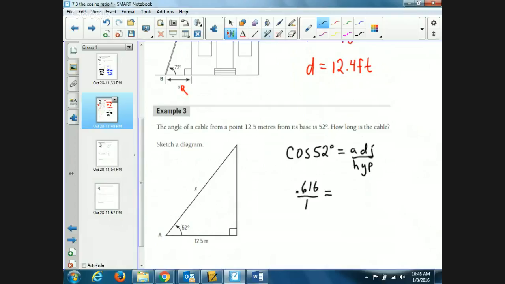That's our reference triangle. We had a hypotenuse of 1. 0.616 is like the adjacent side, 12.5 meters. Hypotenuse of 1 is like the side we labeled X. Divide by the lower, and X is equal to 20.3 meters.